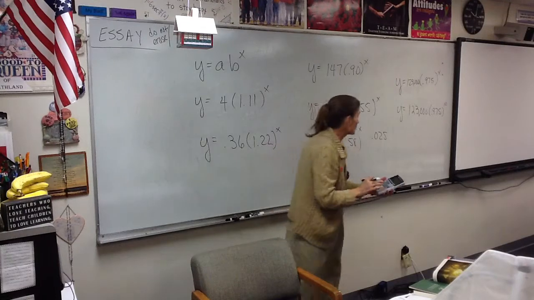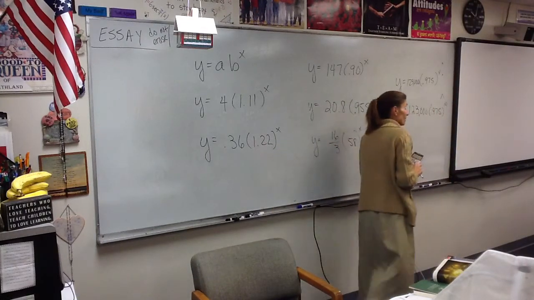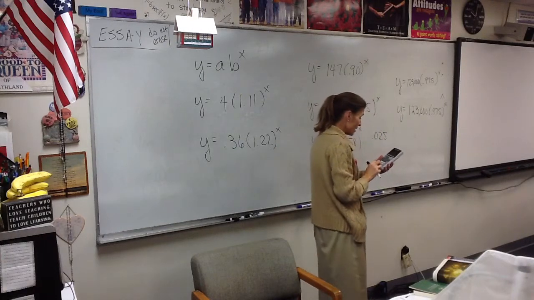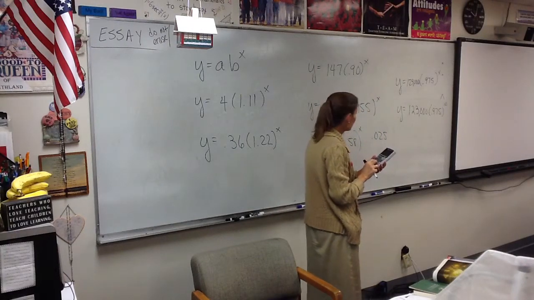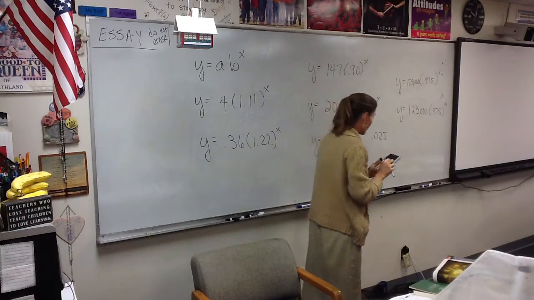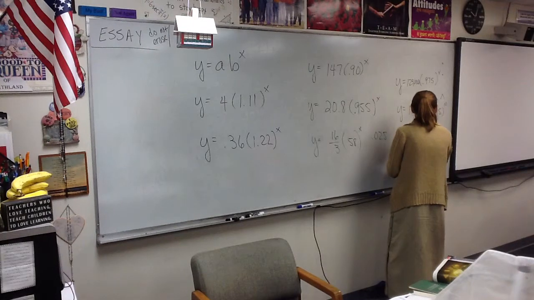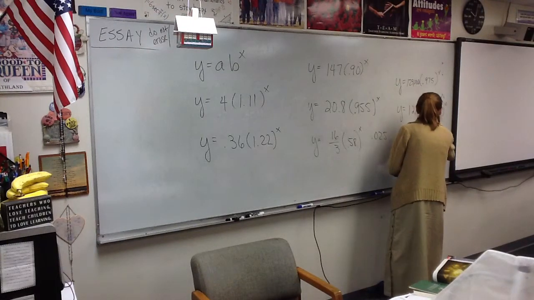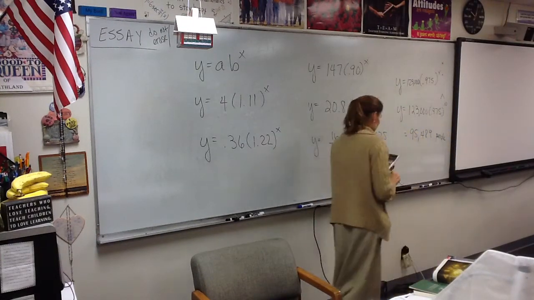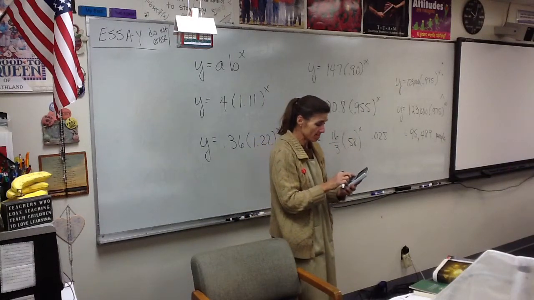Now, everybody knows how to raise to a power on your calculator, right? You got that button right there. So we're going to take 123,000 times 0.975 to the 10th power. This is how many people I have. You tell me if that's what you got.